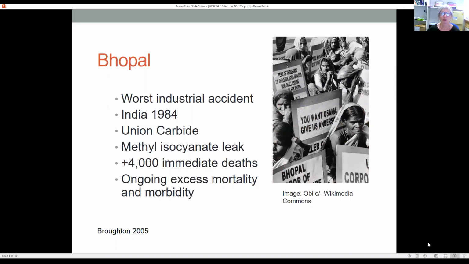I want to talk about a policy failure in some ways. Bhopal is in India, and in 1984, at a pesticide factory, 40 tonnes of methyl isocyanate gas leaked from the plant, and immediately killed a bit less than 4,000 people, but it caused significant morbidity and mortality for some time after that incident.